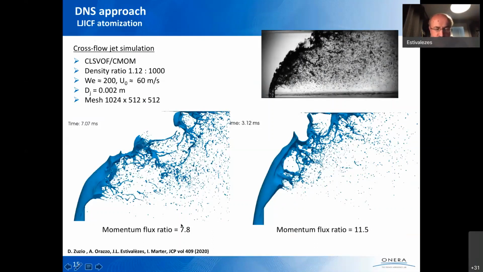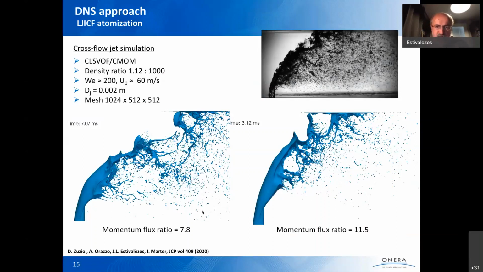One of the characteristic numbers to identify the different regimes in this type of simulation or experiment is the momentum flux ratio. It's a ratio of the liquid momentum over the gas momentum.